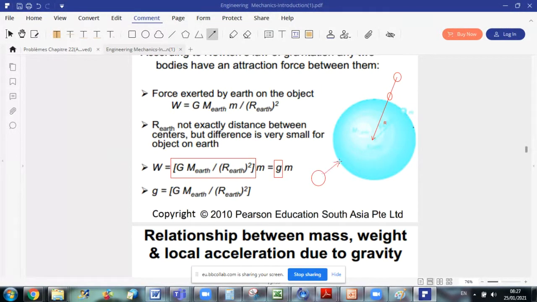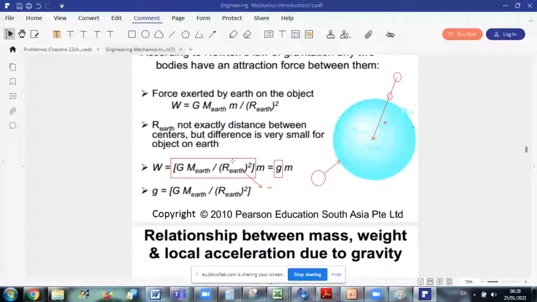So if this distance is high, I cannot neglect it. So in this case, what will become g? g will become the gravitational constant times the mass of the Earth over the radius of the Earth plus h, and the whole term will be squared. So I should add h to the formula.